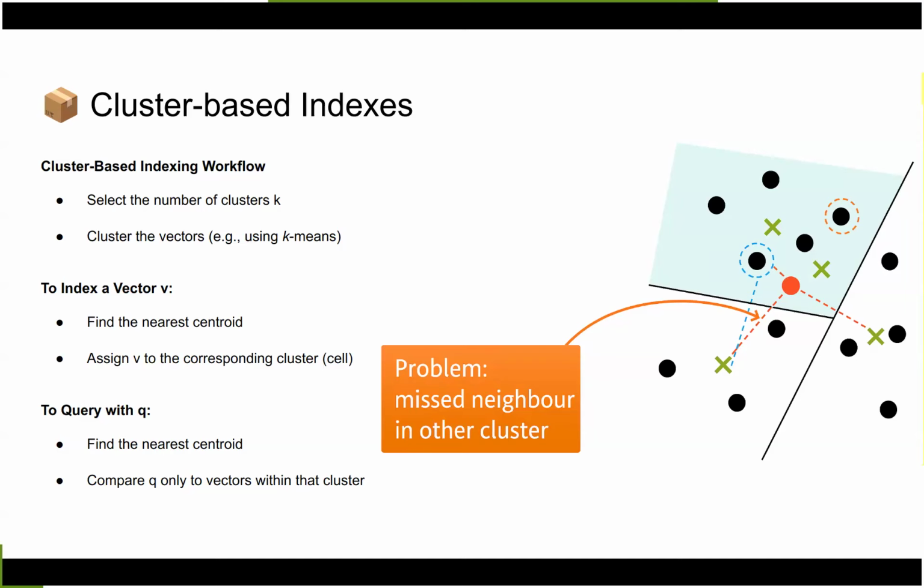And whenever a query comes in, you select the centroid that is closest to that query, and then just traverse all of the vectors that belong to that specific partition. The problem with that is you may miss some nearby vectors, especially very close to the borders, and you may miss some neighbors in other clusters.